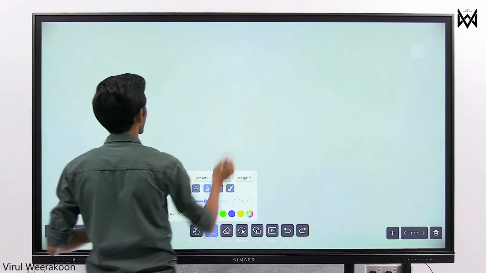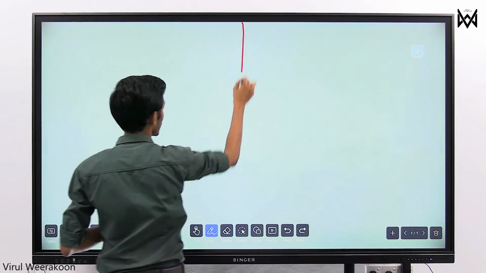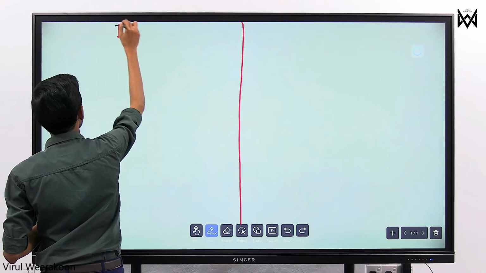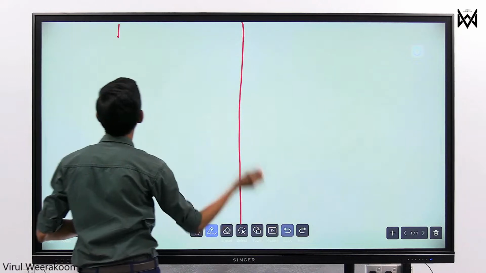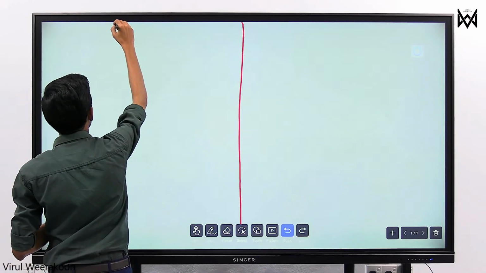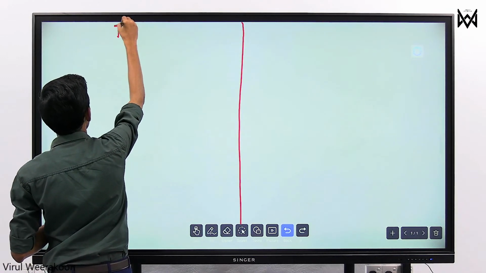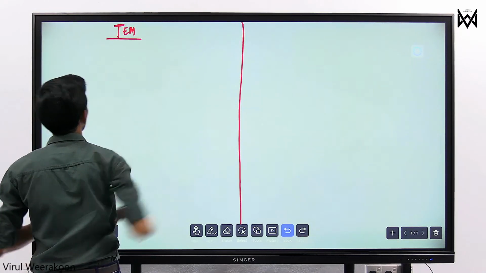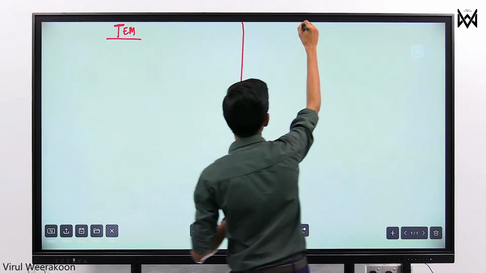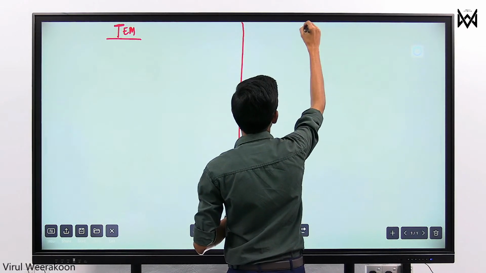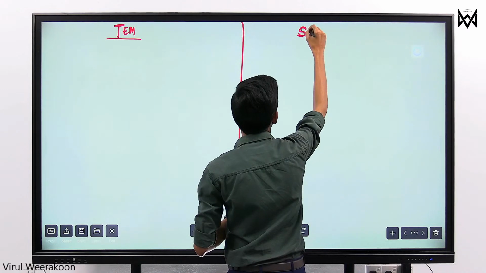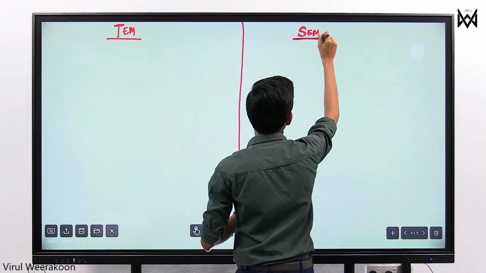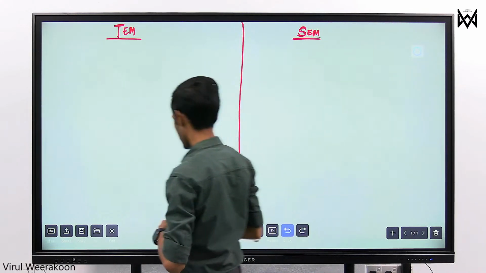Okay, we can make a table once again. Here we can use TEM, transmission electron microscope, and here we can use SEM, scanning electron microscope.